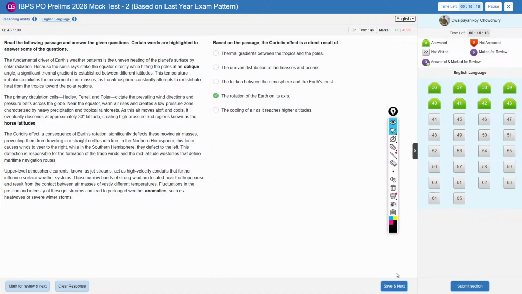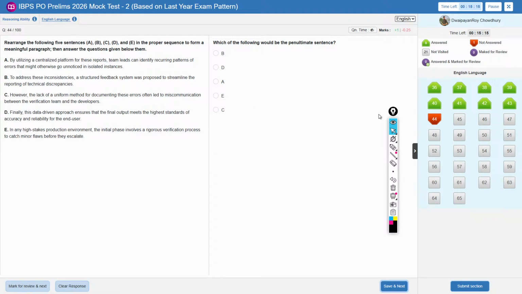Okay, PQRS. Let's do it first by utilizing a centralized platform for this report. In any high stakes production environment, the initial phase involves a rigorous verification process to catch minor flaws before they escalate. To address these inconsistencies, a structured feedback system was proposed to streamline the reporting of technical discrepancies.